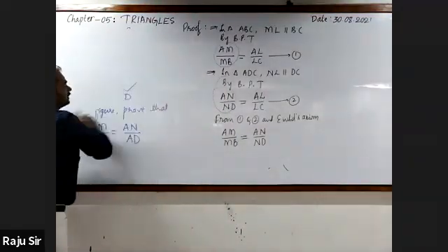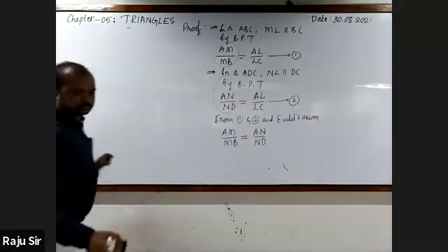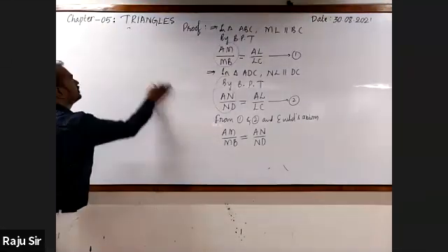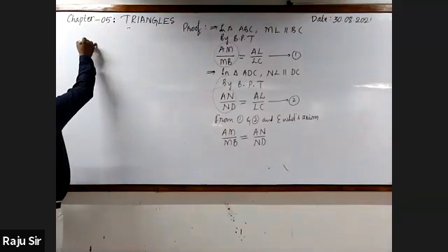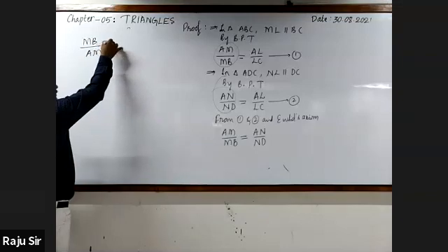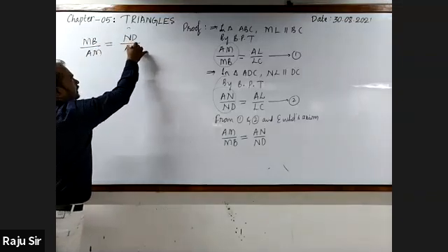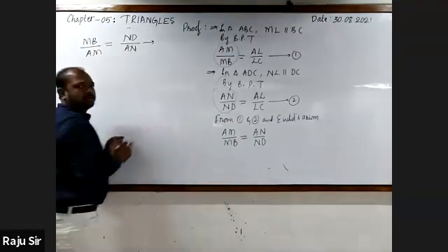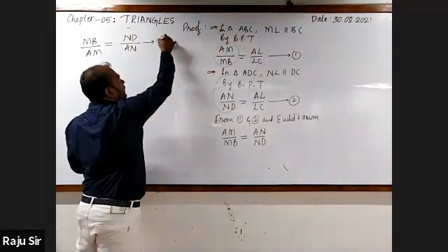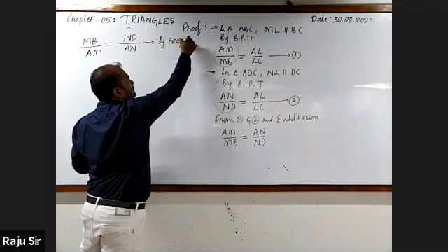Let me go for taking the reciprocal. It is MB by AM is equal to ND by AN. Just on the right side you write by reciprocals.